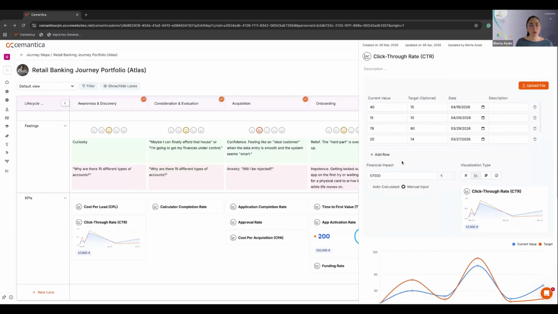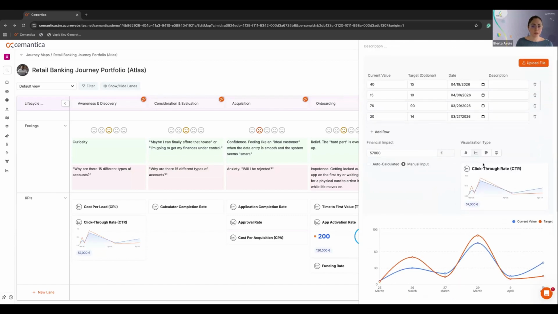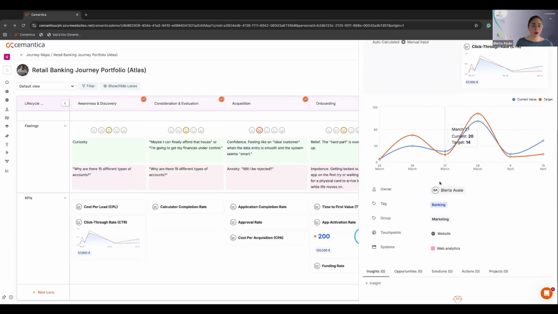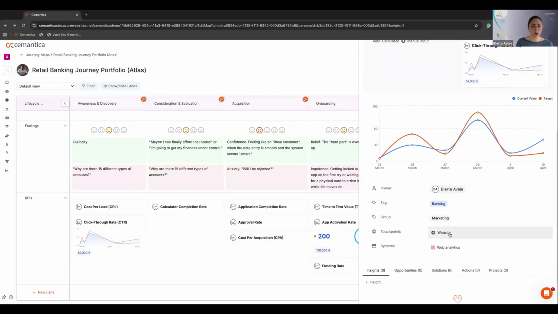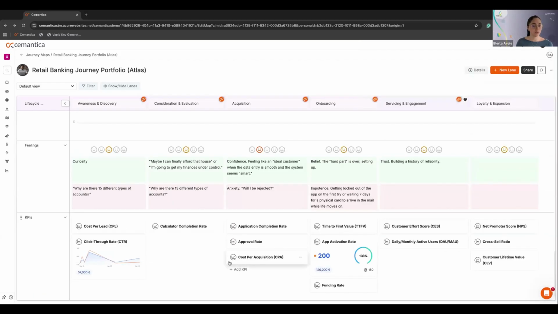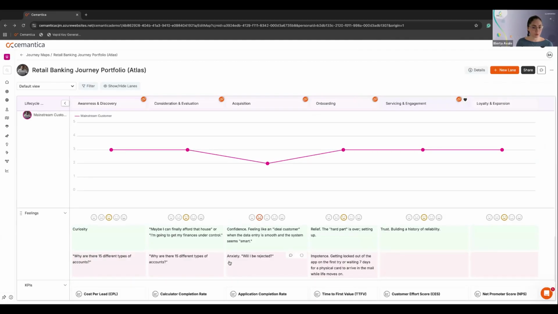You can also include a financial impact and visualize this in various different ways, so it gives you an understanding of where you are in terms of meeting your targets. And of course, you can go further here and add tagging and accountability, and also attach specific touchpoints or systems where you're pulling these KPIs from, to give you a more complete view of your journey portfolios.